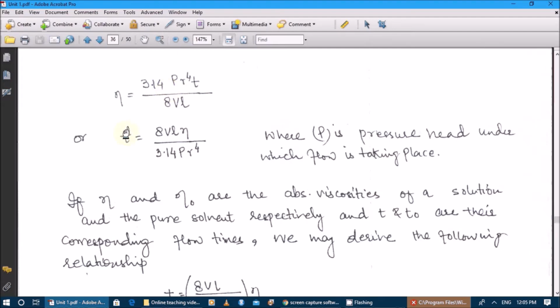So we can find the time T, that will be 8 VL eta over 3.14 P r to the power 4.